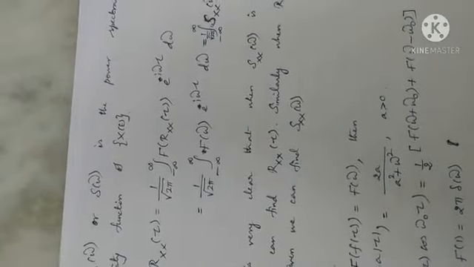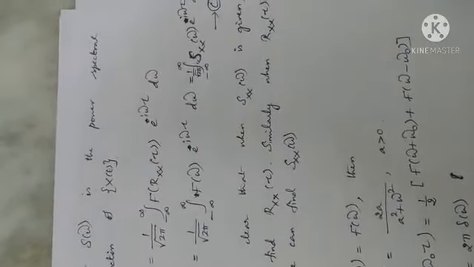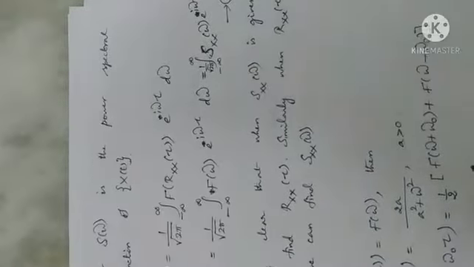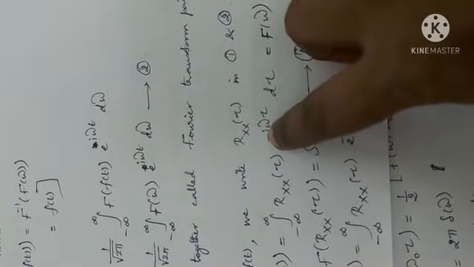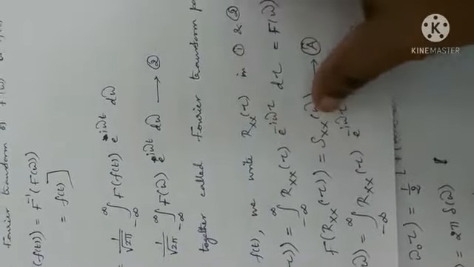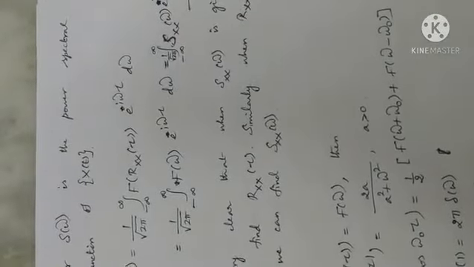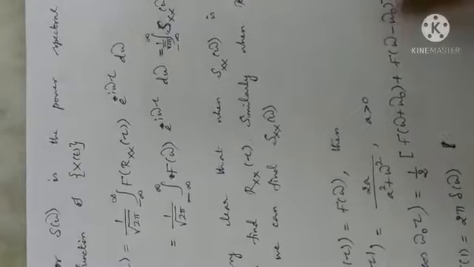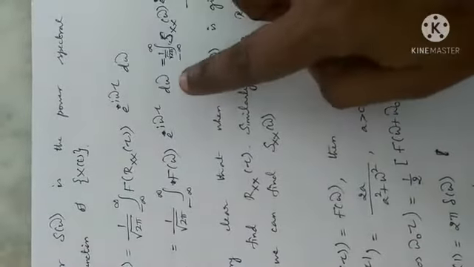See, if in the Fourier transform we have a minus sign, exponential to the power minus sign, in the inverse Fourier transform it should be plus. Okay. E power i omega tau d omega, right?